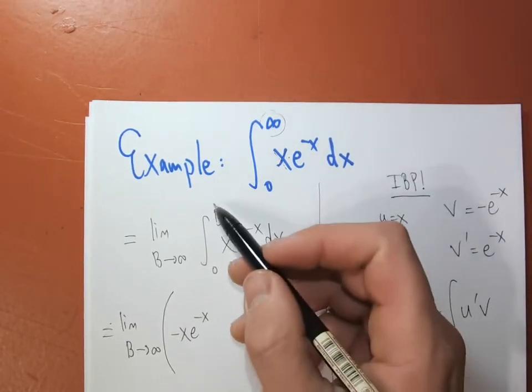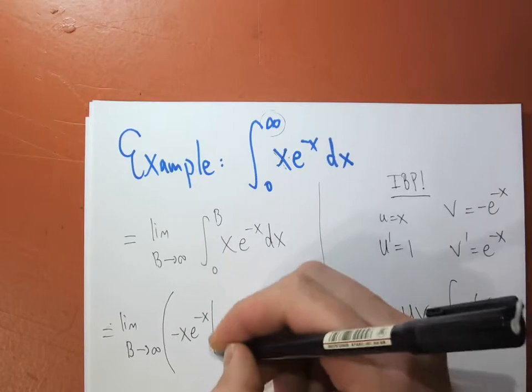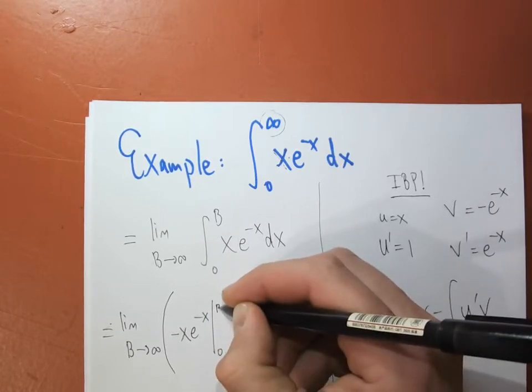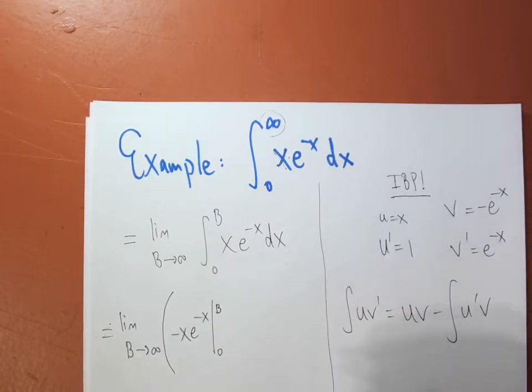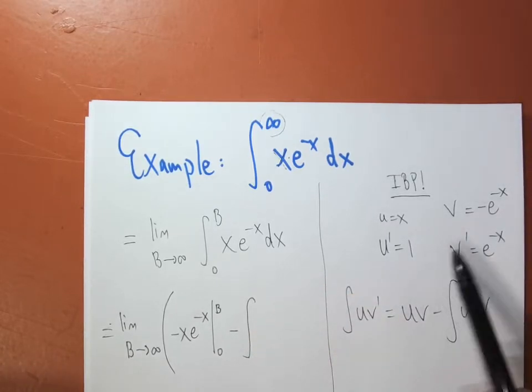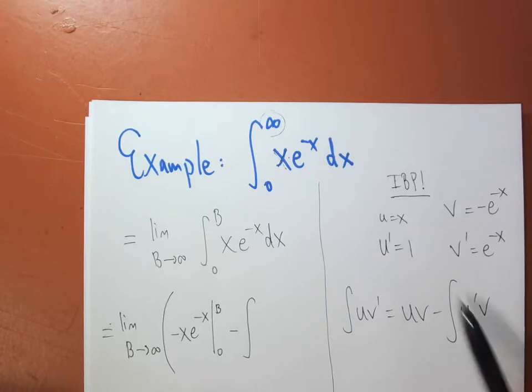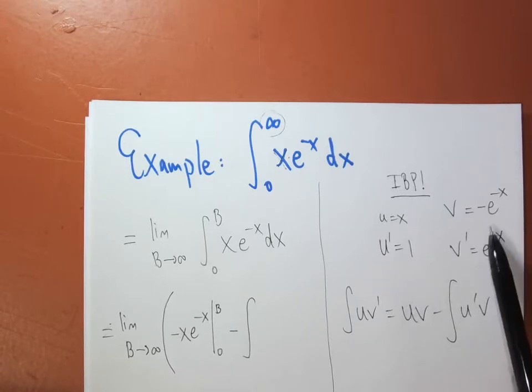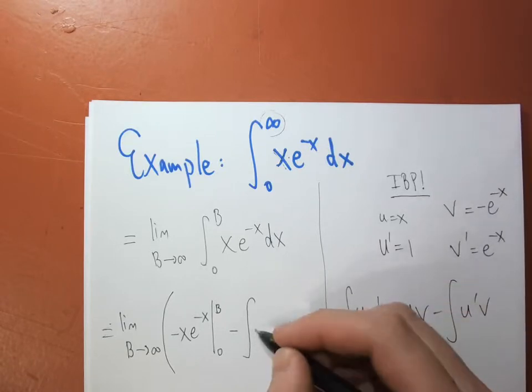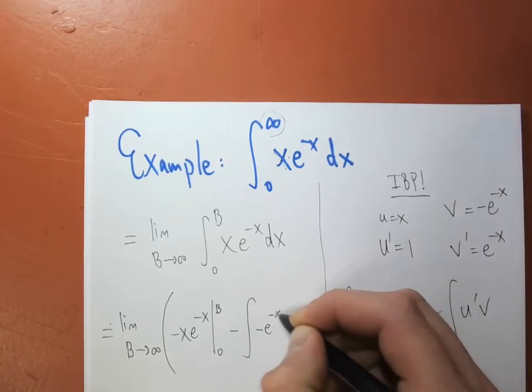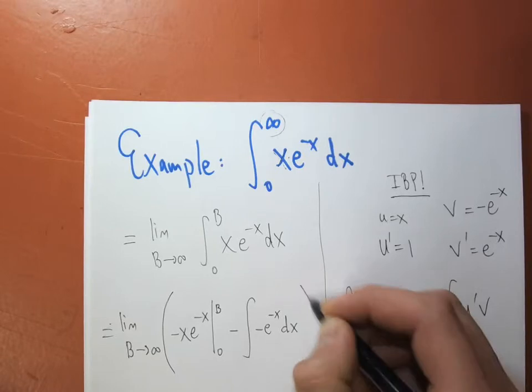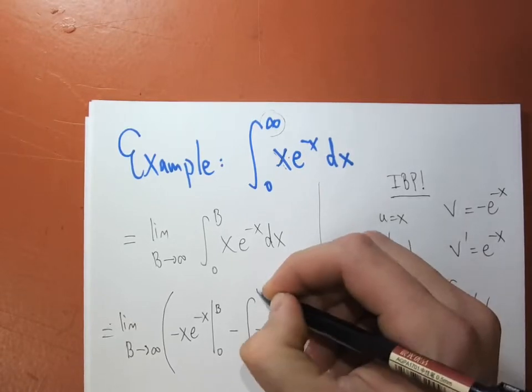Now, because this is a definite integral, I want to evaluate this between 0 and b. Minus the integral of, let's see, u prime, which is 1, times v, which is minus e to the minus x. So I have minus e to the minus x dx in there. This is going between 0 and b.